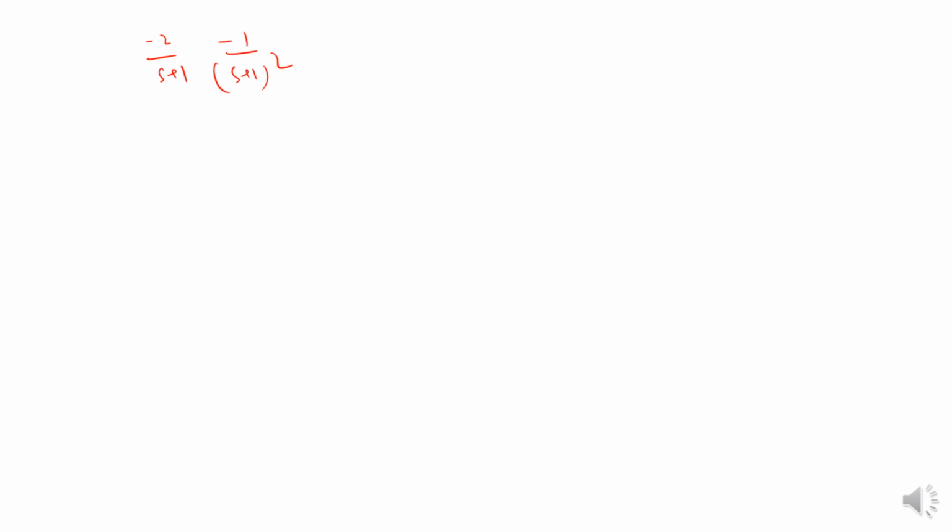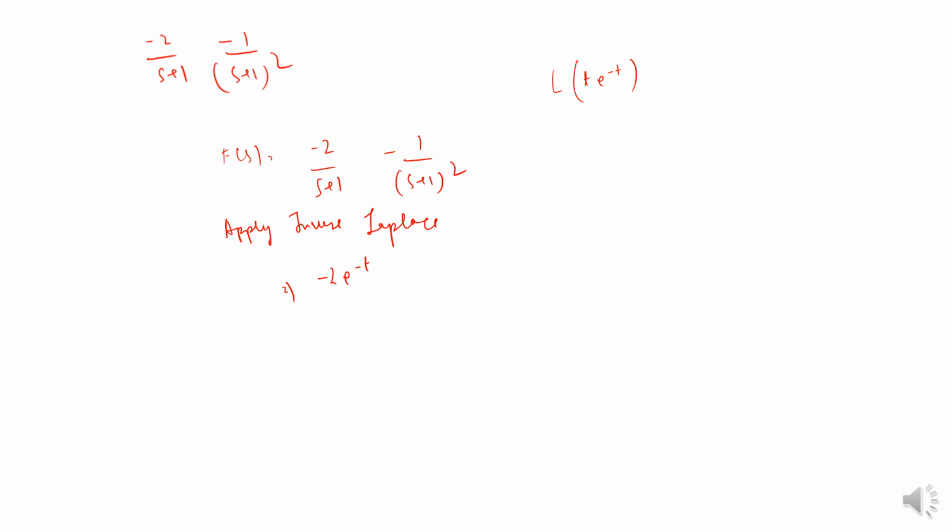Now we have Y of s is equal to minus 2 by s plus 1 minus 1 by s plus 1 whole square. Now apply inverse Laplace. What do we get? For the first term, minus 2 e power minus t. Now for the second term, let us see. Suppose I have t e power minus t. What is the Laplace transform of this?